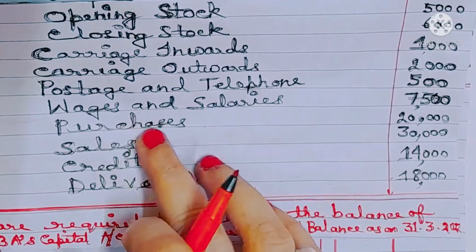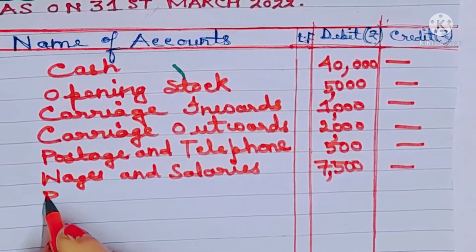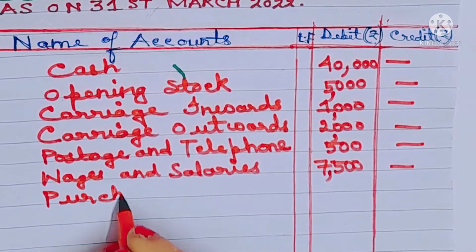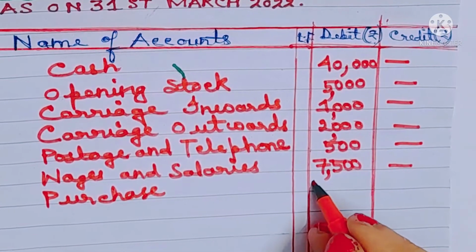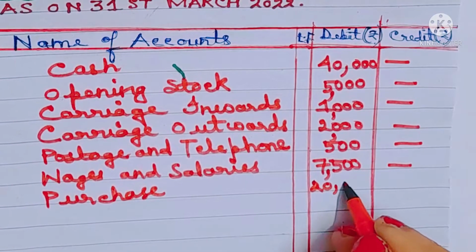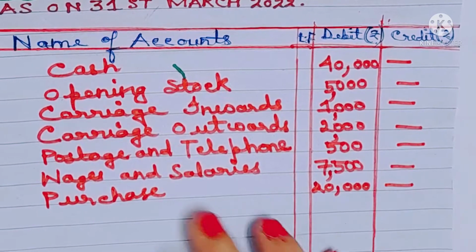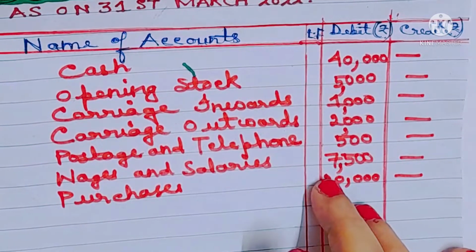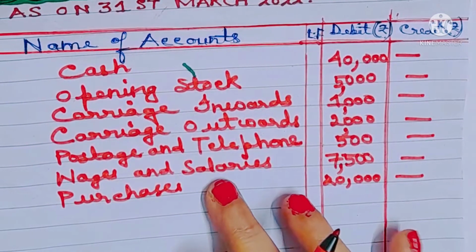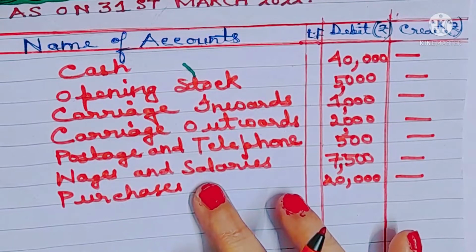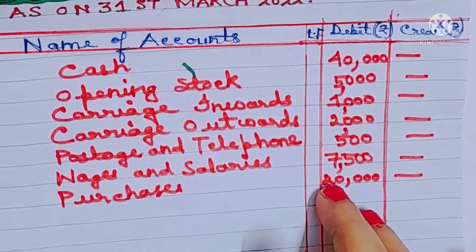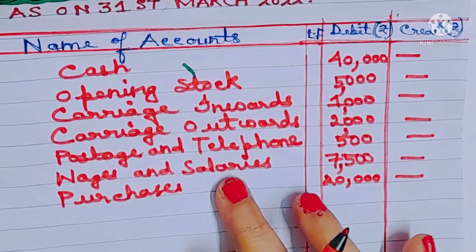Purchases, 20,000. Let's write purchases. Purchases has a debit balance. That is the reason we're writing in the debit column. Why purchases is debit? Because purchases account comes under real account as well as nominal account. According to real account, what comes in is debit.